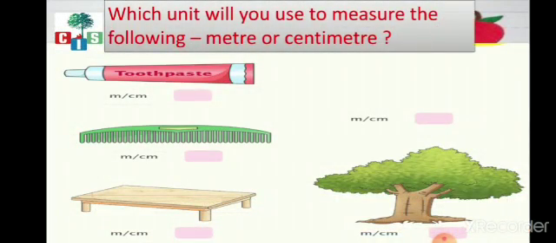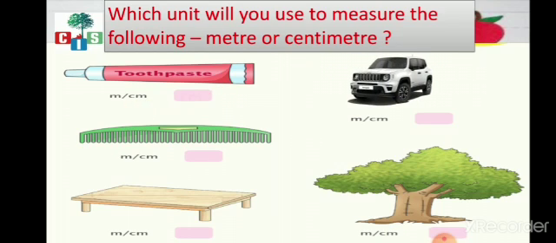Which unit will you use to measure the following, meter or centimeter? Toothpaste, right? It's not a longer object, it's a shorter one, right? So it is centimeter. The next one is the car, right? So car is longer as well as taller in this picture, right?